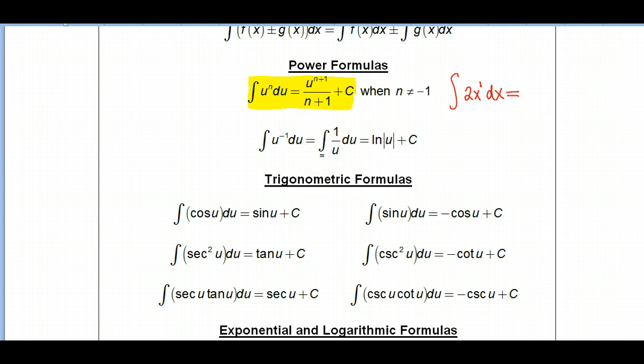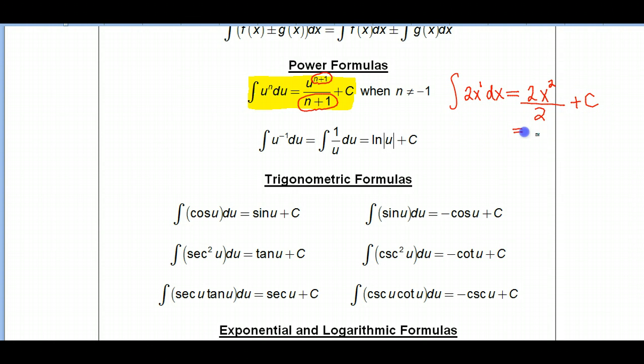We add 1 to the exponent. The coefficient just stays there, just like when we had derivatives, it just automatically gets multiplied. So it becomes 2x. We increase the exponent by 1, and then we divide. Notice it was an n plus 1 here and an n plus 1 here. We divide by that same exponent, plus c. Whenever you have the bounds missing, you need to add plus c at the end.